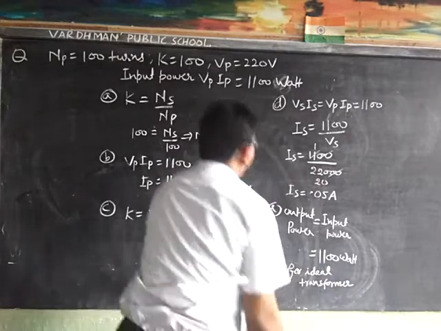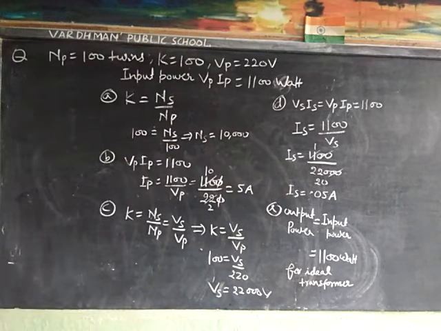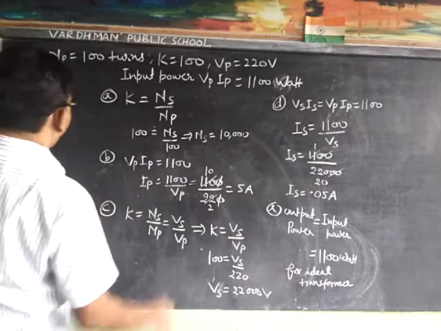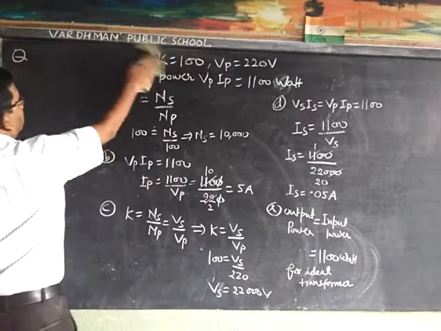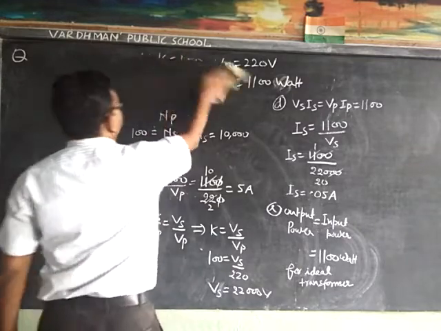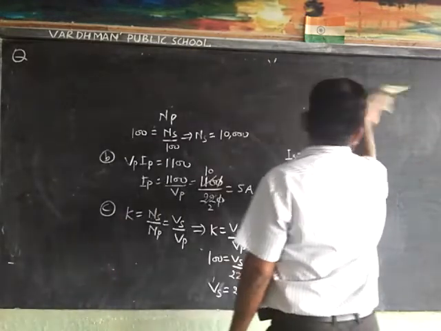This is for the ideal transformer. For an ideal transformer, output power is equal to input power. Now we will discuss the next question.